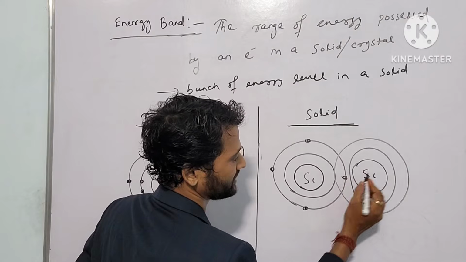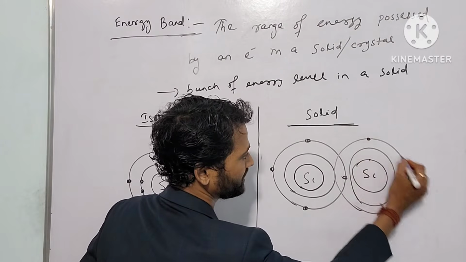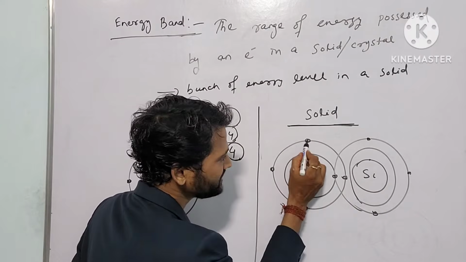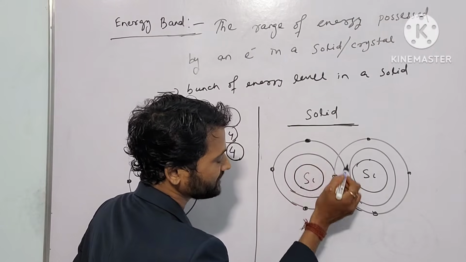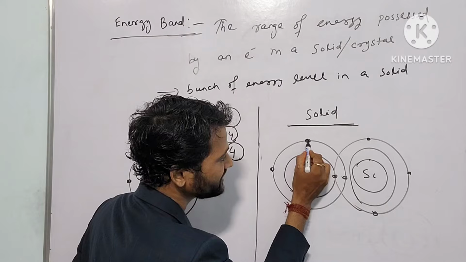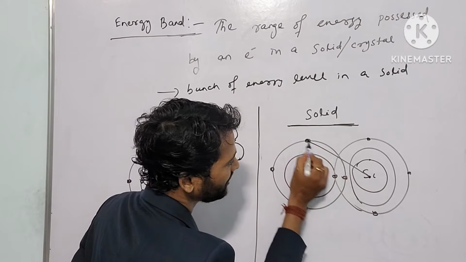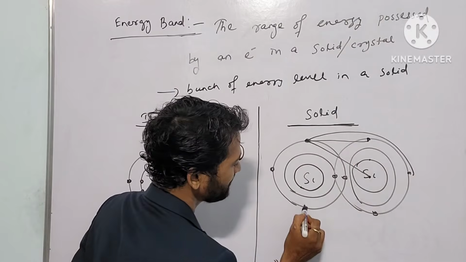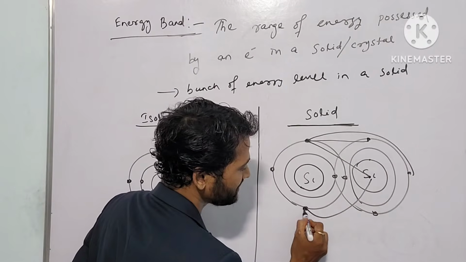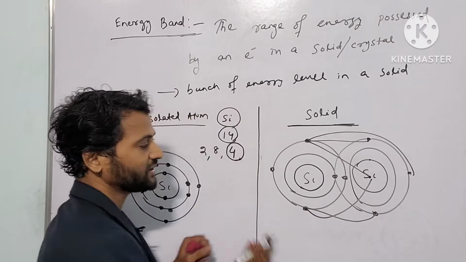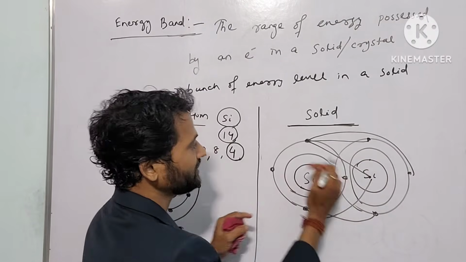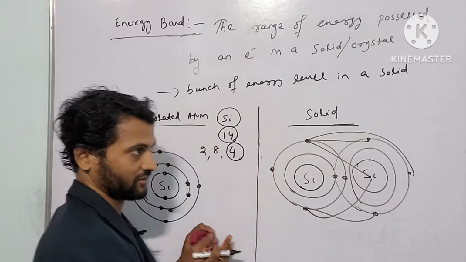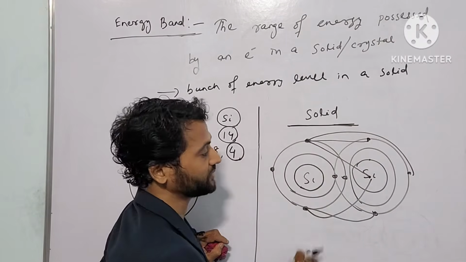Again, how many electrons in the outermost orbit? 4 electrons, right? So there is an energy interaction. There is an interaction of this electron with this nucleus, or this electron with this electron, or this electron with this nucleus and this electron, right? There is a heavy interaction between the electron of a particular orbit and the neighboring atom of that same orbit.